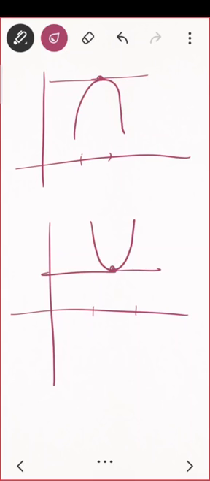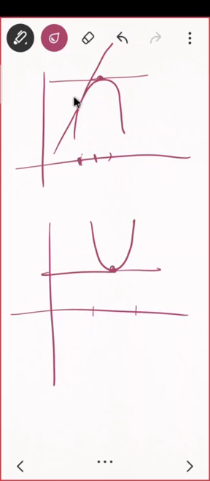Now try to see the points which are from here to here. If I would like to find the slope of them, suppose I took a point here, any point here, what will its slope be? That means I need to see the inclination angle with the positive x-axis. What do you see? That will be positive.